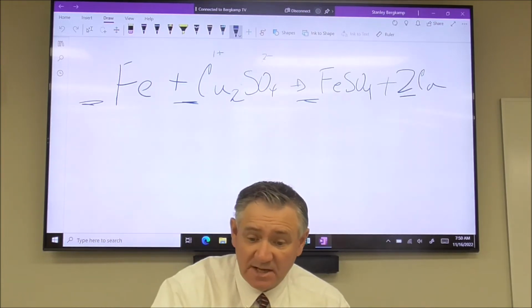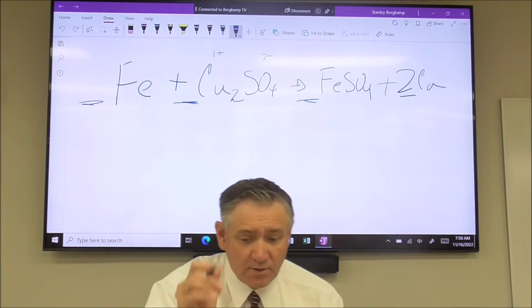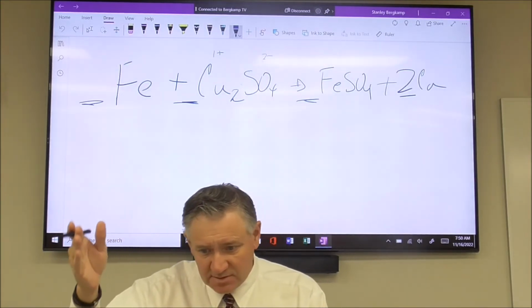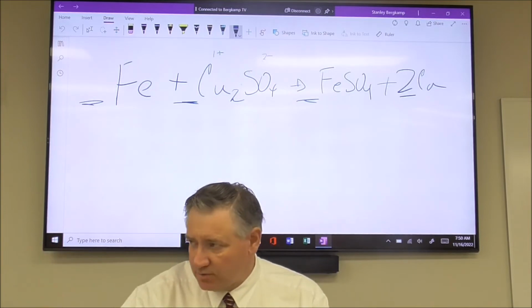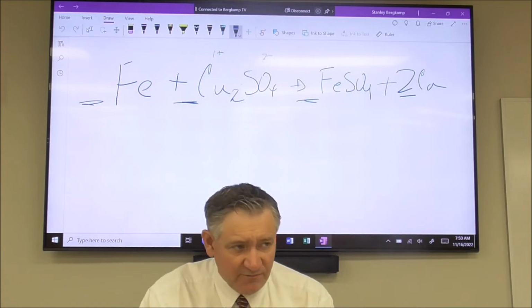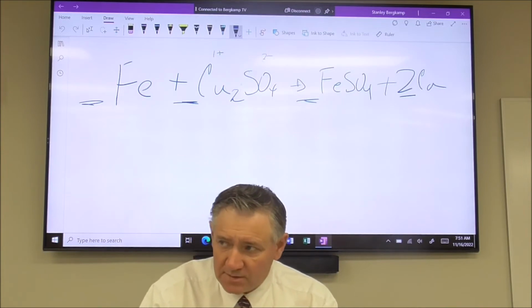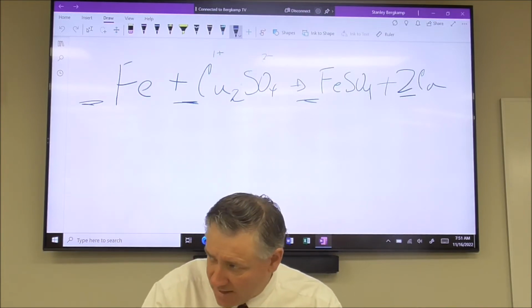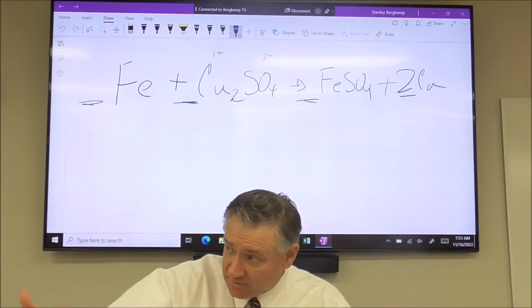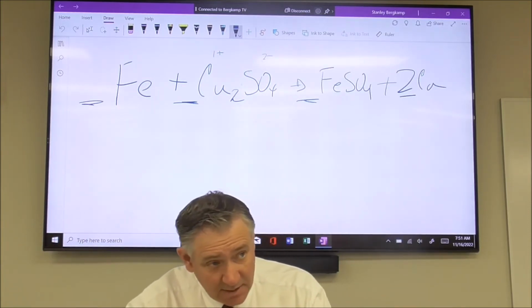This does not say 1 gram of iron reacts with 1 gram of copper sulfate to produce 1 gram of iron sulfate and 2 grams of copper. It's not what it is. Those coefficients never represent a ratio of mass. They represent a ratio of atoms and a ratio of moles, but not a ratio of mass.